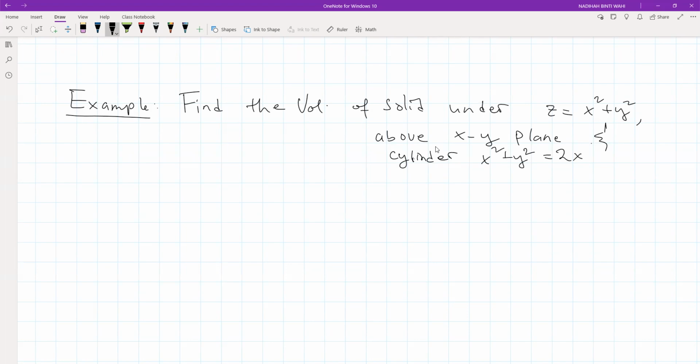Okay, so kalau awak nak, if you want to look at the graph pun boleh. Look at the sketch. You can try the sketch to sketch this one. Okay. So the thing is ada tiga. So this one is bounded by 3 surfaces.